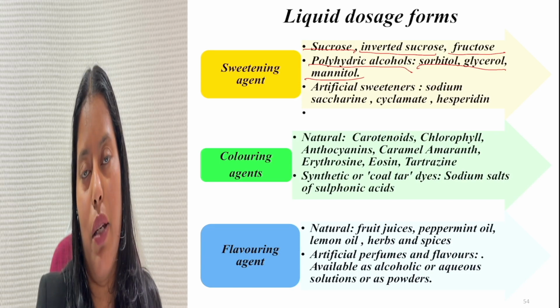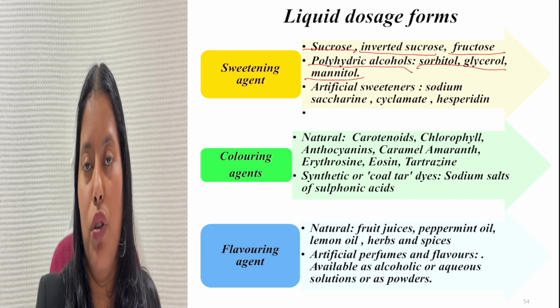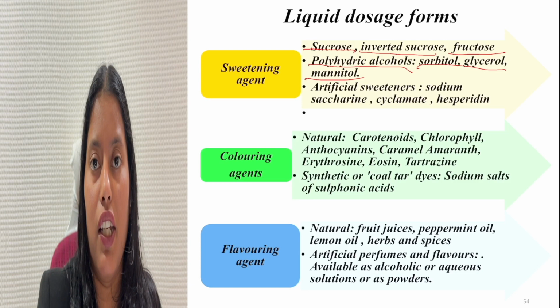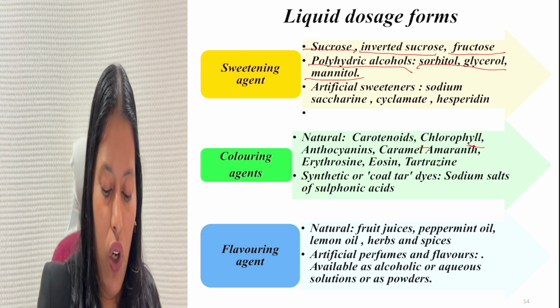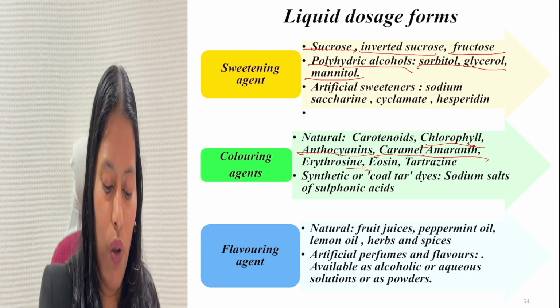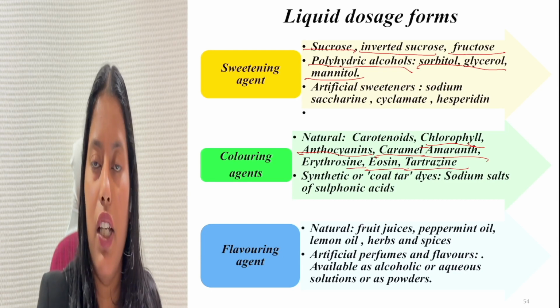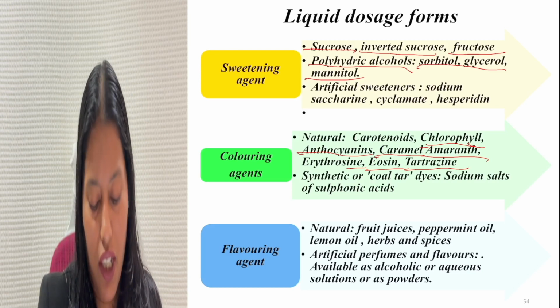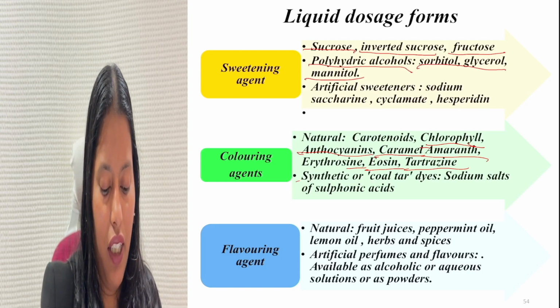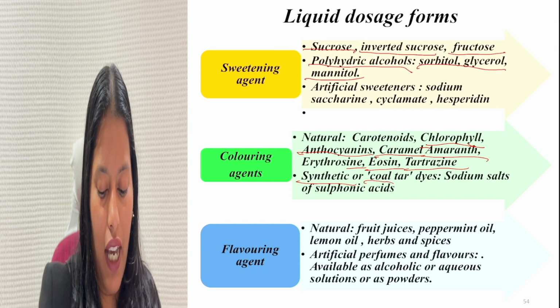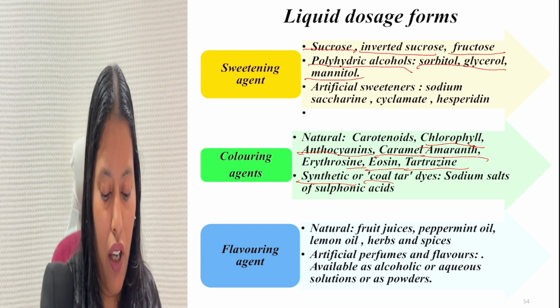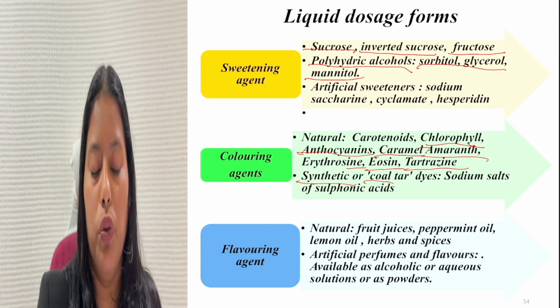To increase the acceptance, coloring agents are used. So various natural coloring agents like carotenoids, chlorophyll, anthracene, caramel, amaranth, erythrosine, eosine, tartrazine. These are the various examples of natural coloring agents. And synthetic coloring agents like coal tar dyes, sodium salt of sulfonic acid can be used.